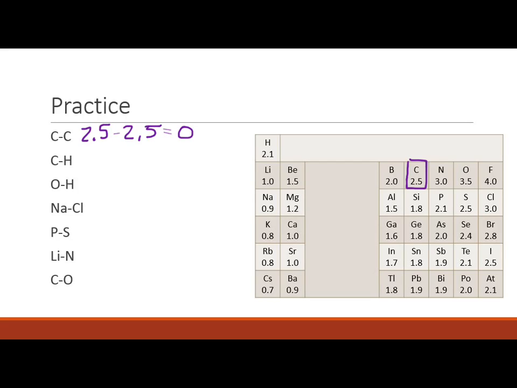The table tells us that that's a nonpolar covalent bond. Now, notice that I actually went through the effort of subtracting 2.5 from 2.5, but anytime you have two identical atoms, obviously it's going to be a difference of 0. It's kind of like having twins having a tug of war. If they're both equal in strength, the rope's not going to go anywhere.